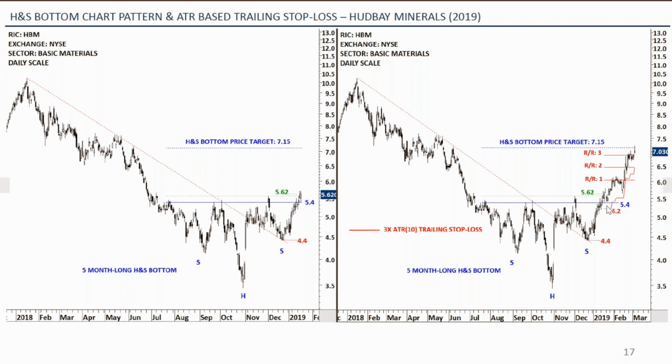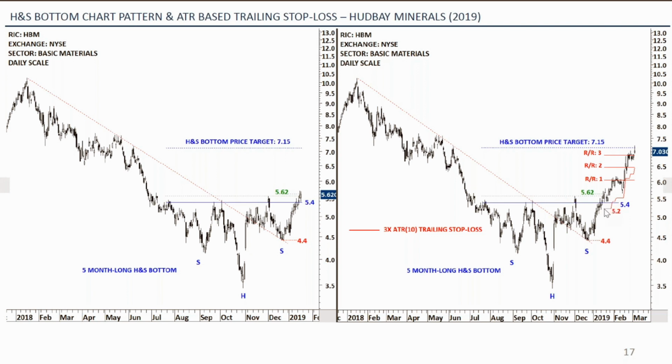Now this can be different. You can place 5.3. You can place 5.35. The tighter you place it, the more aggressive you become, and the potential reward on the upside increases, but you're also increasing the chances of getting stopped out when the price falls below the chart pattern boundary.